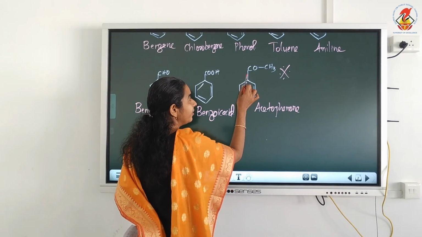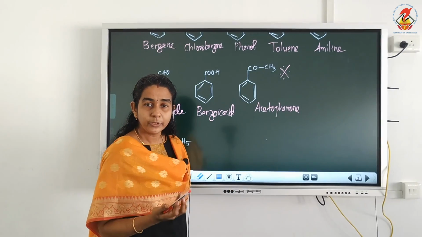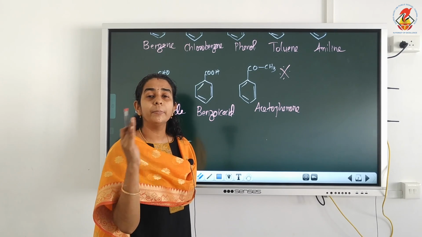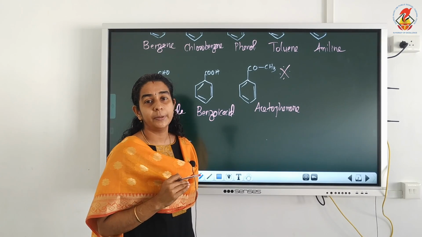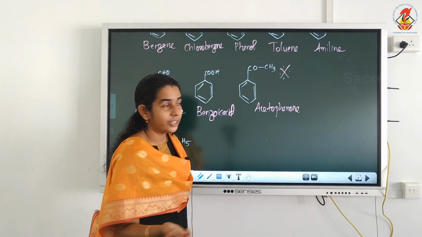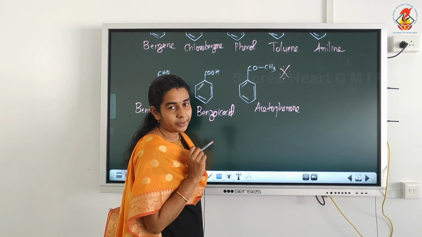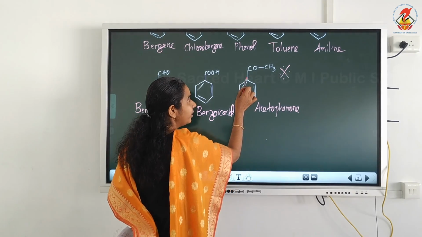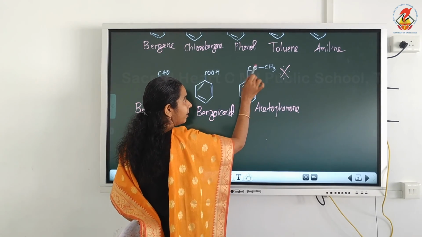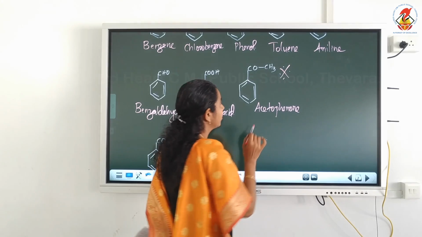But when we attach any group to any position, that is only by removing hydrogen from that position, otherwise we cannot attach. That means at this carbon there is no more hydrogen present. Here only one carbon has the COCH3 group attached.